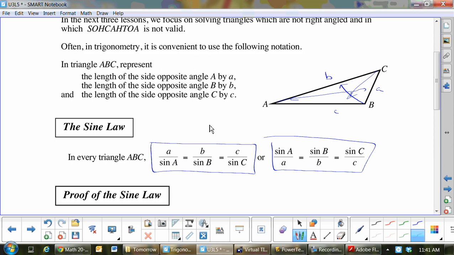Okay? Don't have A over sine A equals sine B over B. Don't do that. A over sine A equals B over sine B. Now you're only going to use 2 of these. You don't need all 3 of them. And I'm going to explain to you when we do an example, because these are best taught with examples. So let's not waste any time.